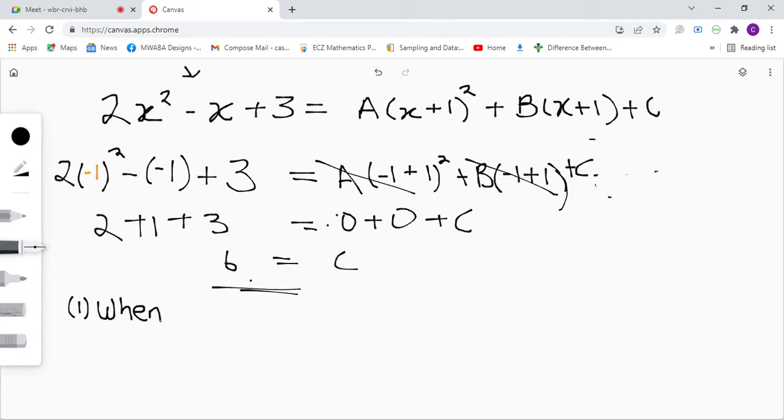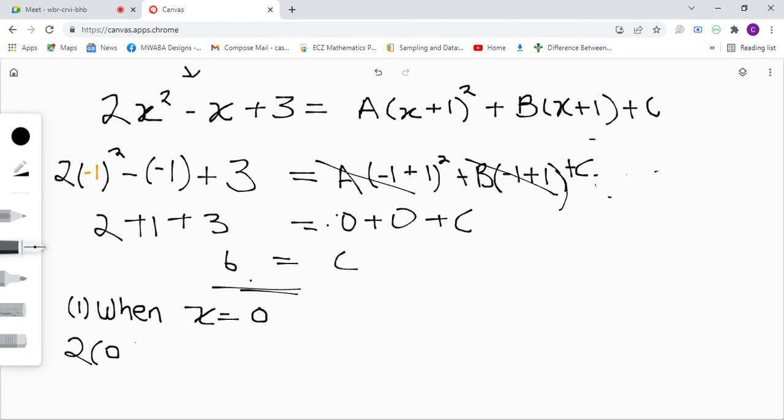Here it's up to you to choose what number you want to equate x to, but it's going to be helpful when we equate it to 0. So when x equals 0, we're going to put it on the left hand side and also on the right hand side.